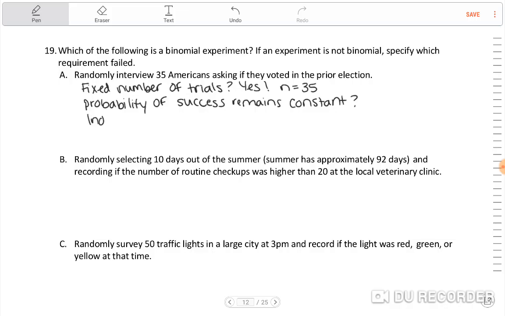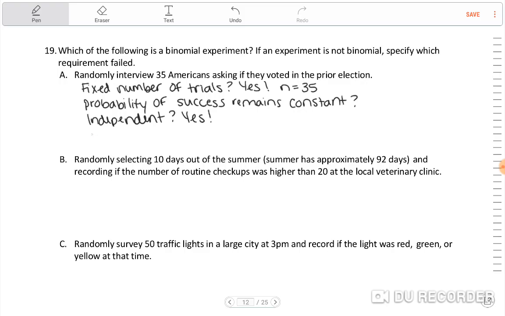Are they independent? Independent. The answer is yes. If you're randomly interviewing 35 Americans, that's way less than 5% of the entire population, since there are millions of Americans. So that's going to be a yes.